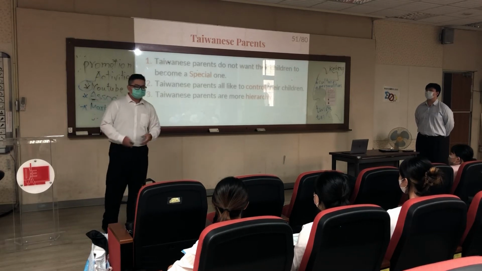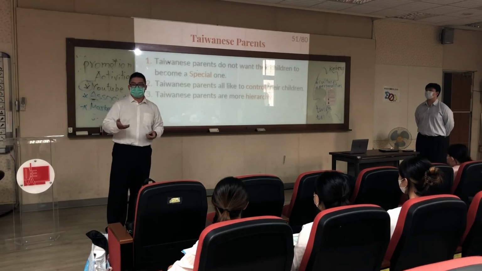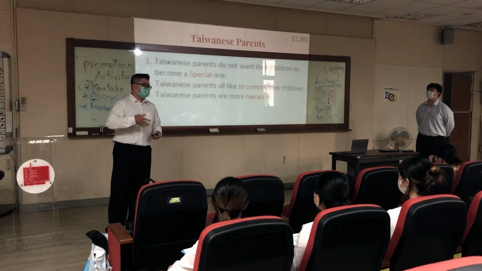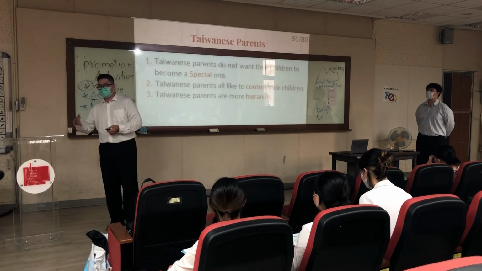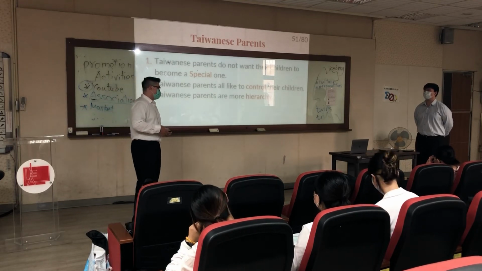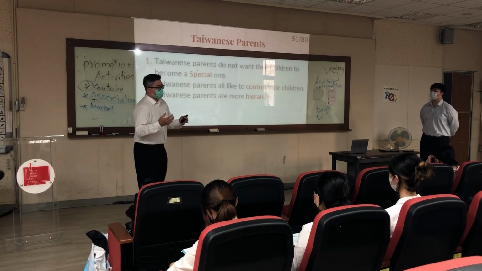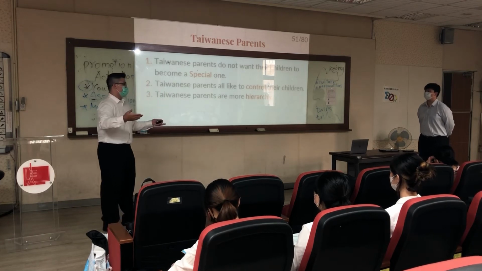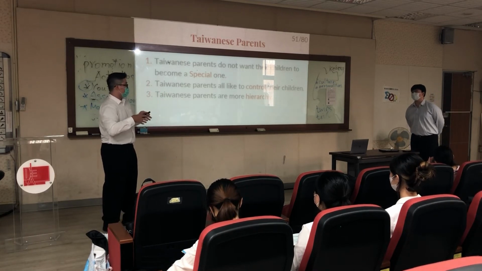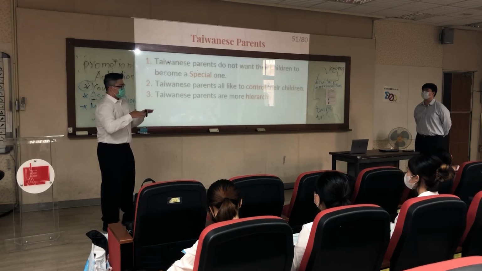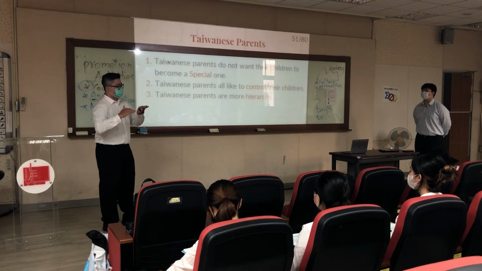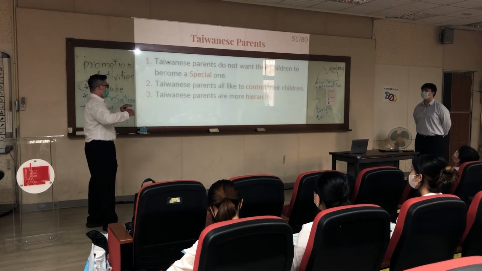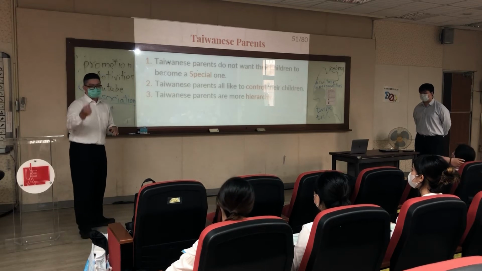For example, some Taiwanese parents will tell their children, you should follow your classmates, you should follow your neighbors, you should follow someone who is very successful in a specific area. You just follow their steps and you will be the same as them, so you will not be awkward. But behind all of this information is that they want to show they really care about you, but they express it in a very complex, intricate way.